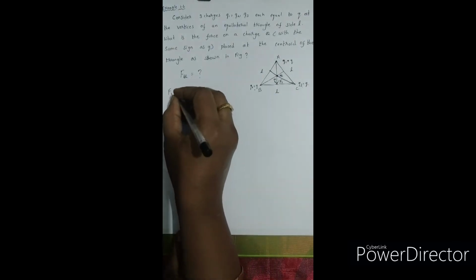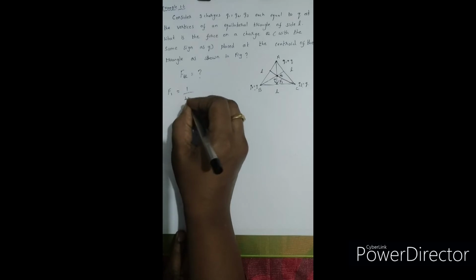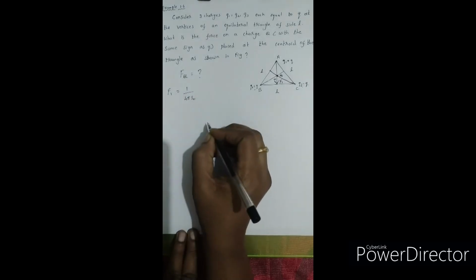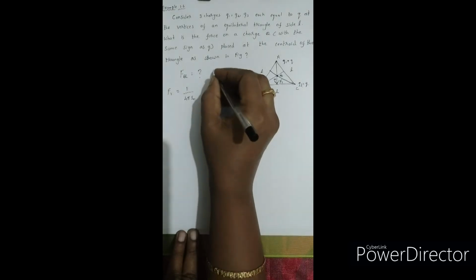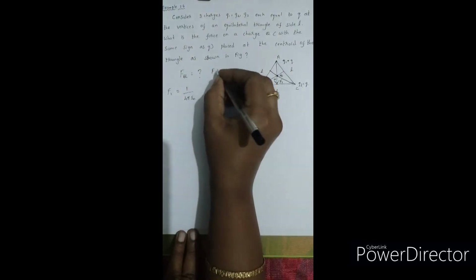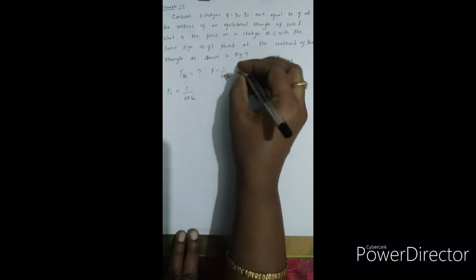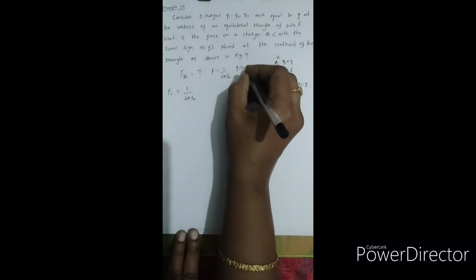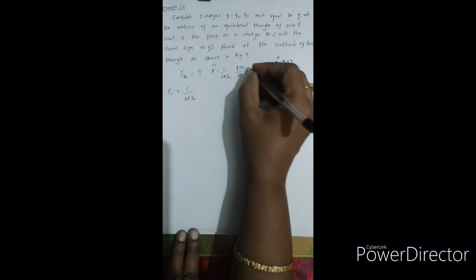Now let me write the magnitude for this F1 vector. According to Coulomb's law, it will be 1 by 4 pi epsilon naught, then the product between the charges. What is the general formula for Coulomb's law, children? Hope you remember. F is equal to 1 by 4 pi epsilon naught Q1 Q2 divided by R square, and in vector form, times R unit cap.